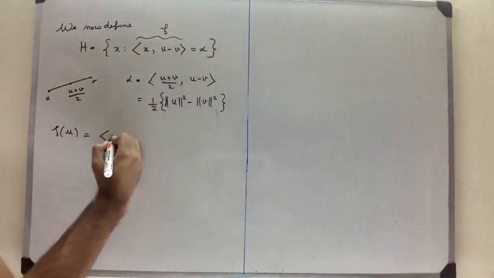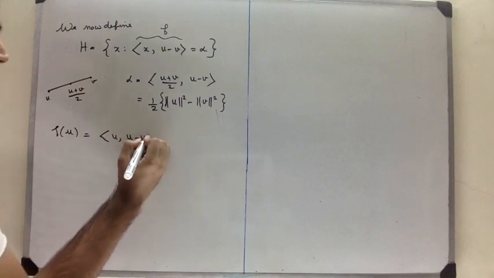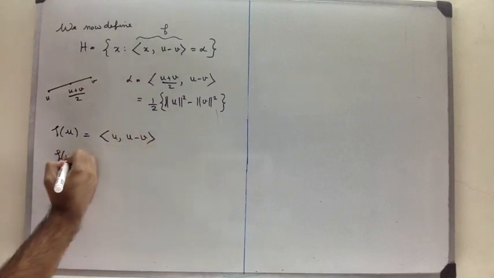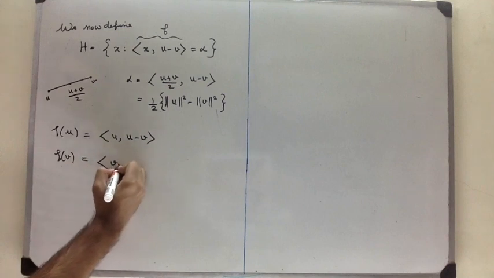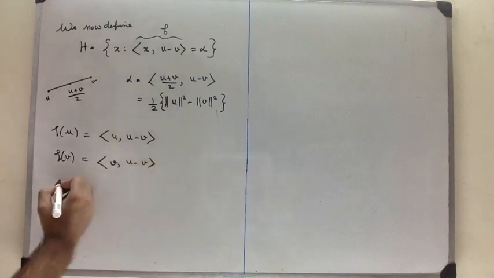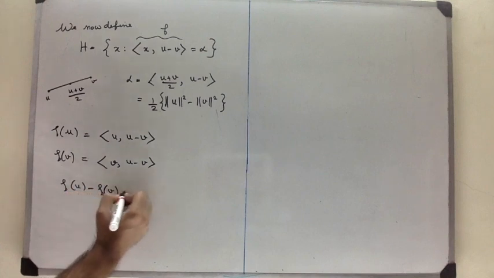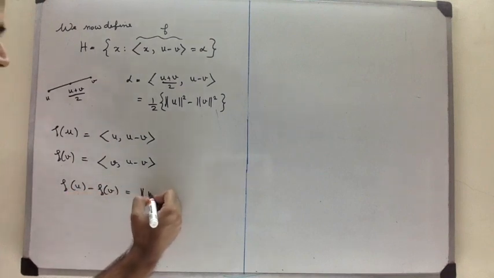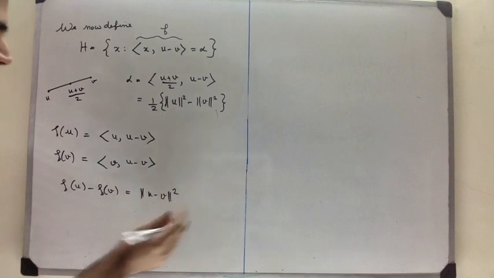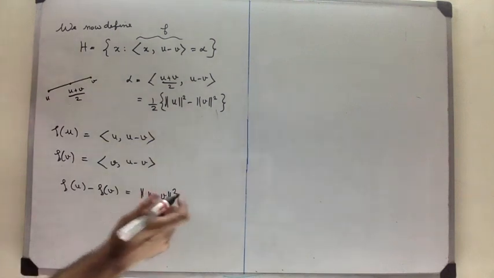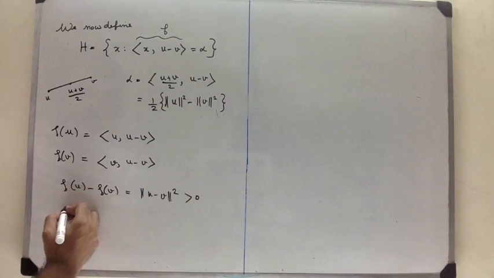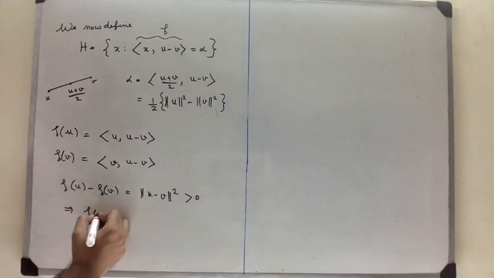So this will be u minus v, and the value at v is, so the difference is a strictly positive quantity because u does not lie in A. Strictly positive. This implies that f of u is strictly greater than f of v.